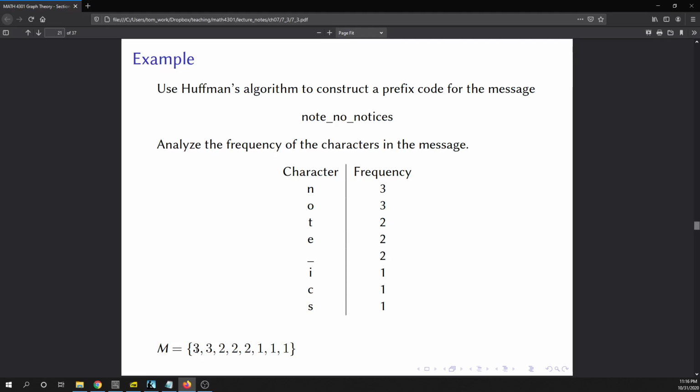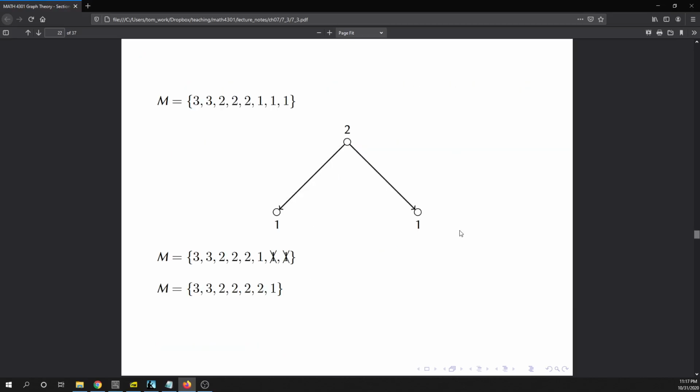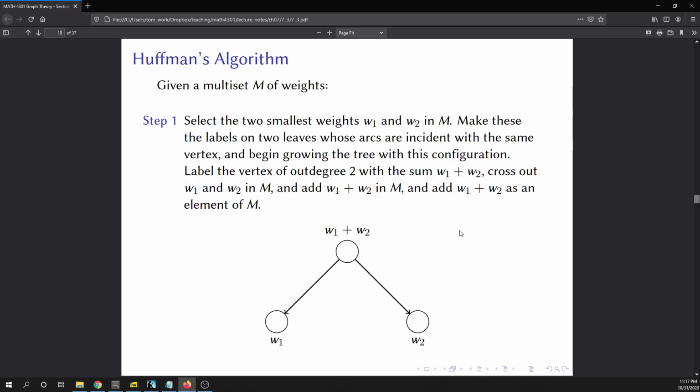And so our multiset would be this multiset right here. So this is the multiset that we are looking at.